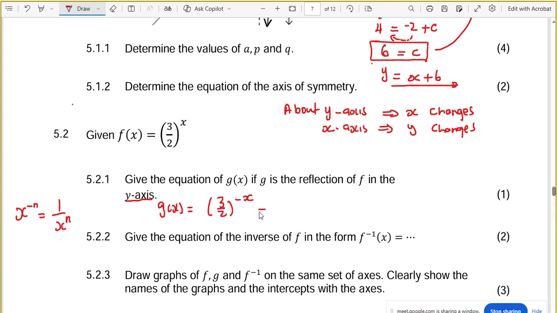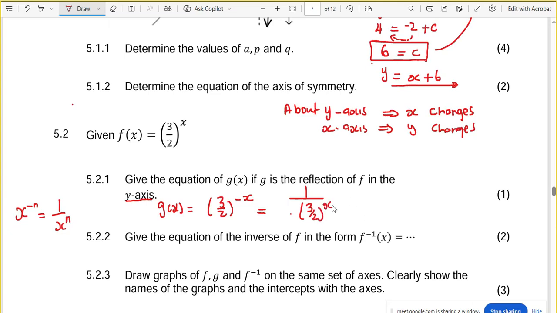This graph, I can definitely write this as 1 over 3 over 2, wait, I want to show you something. I want to write this as 1 over everything without a negative. You understand?